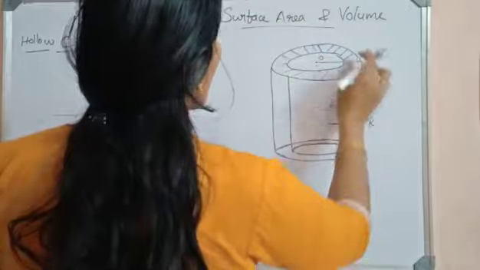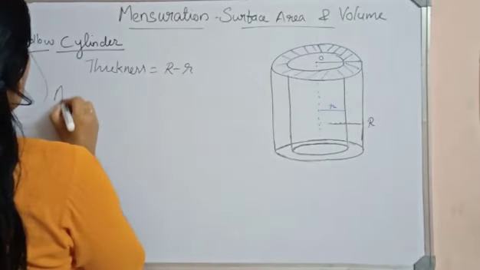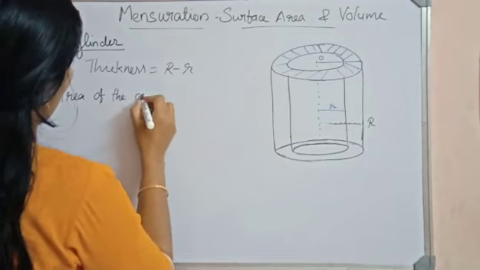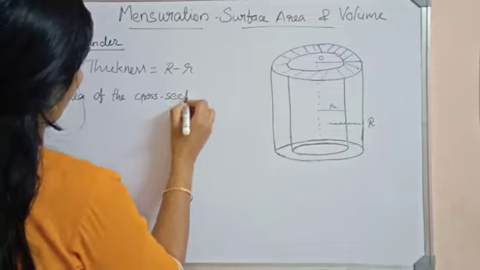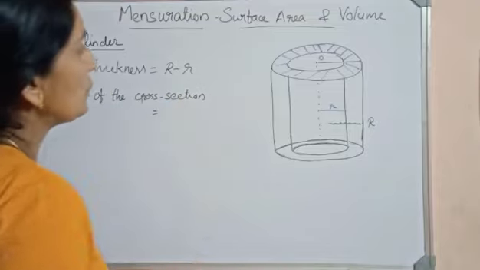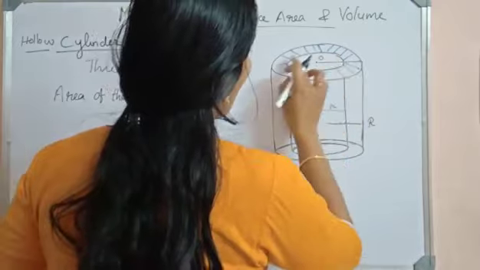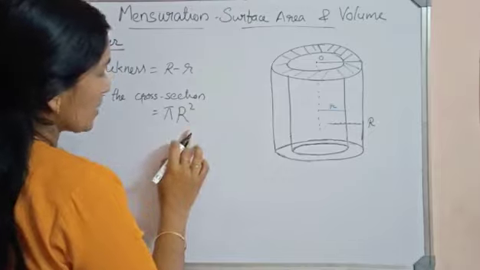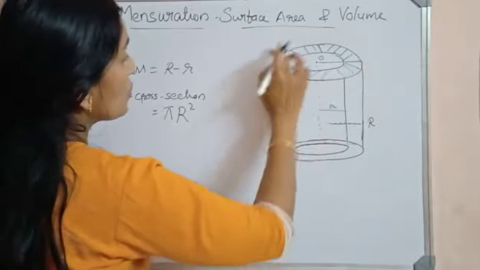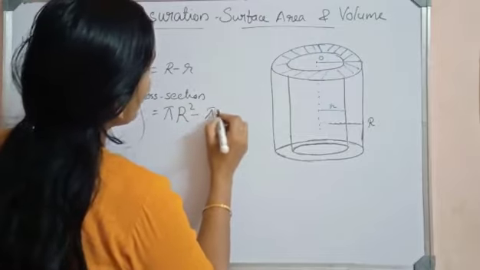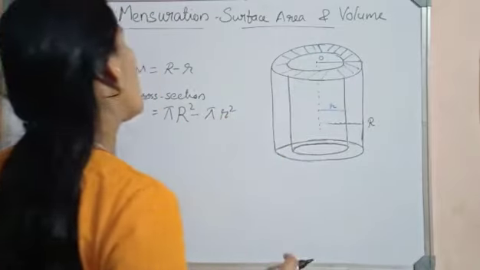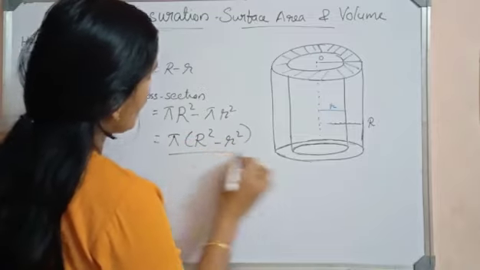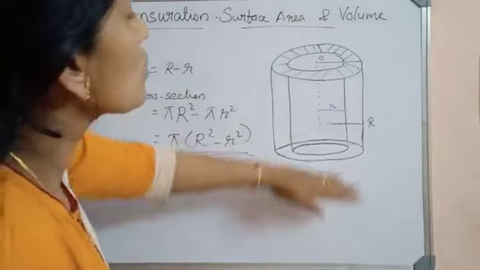In this case the area of the cross section is equal to the total area minus the area of the inner part. That is, the total area is pi capital R square, since the outer radius is capital R, minus pi small r square, since the inner radius is small r. So we can write this as pi into R square minus r square, and this is the area of the cross section of this hollow cylinder.